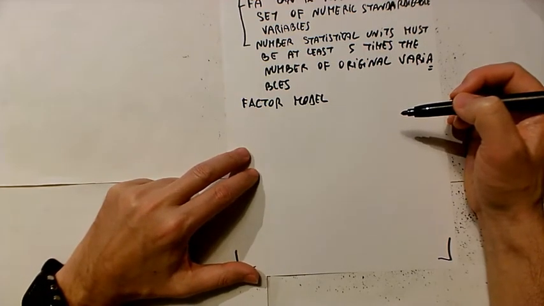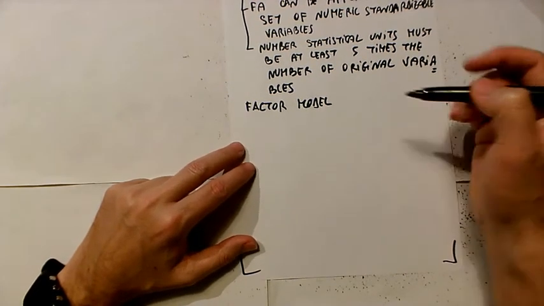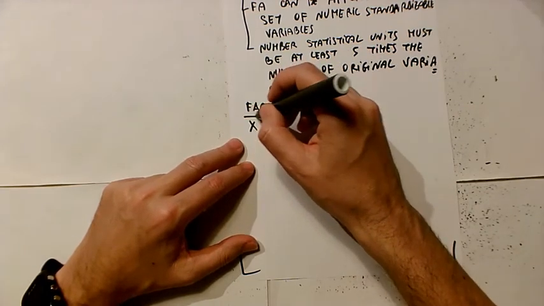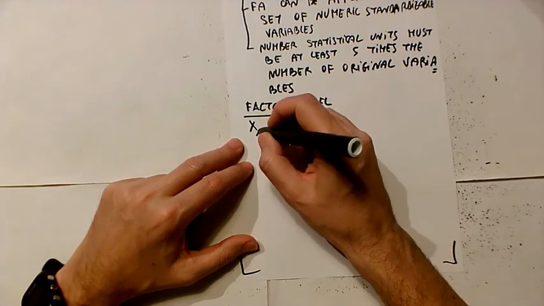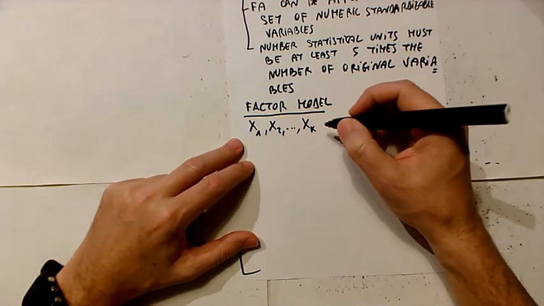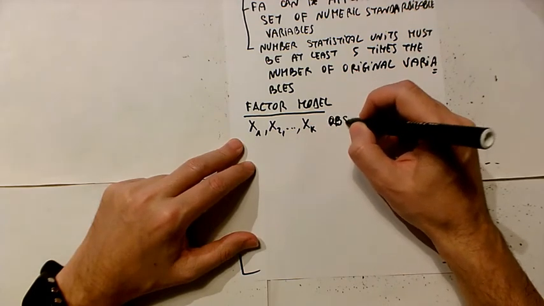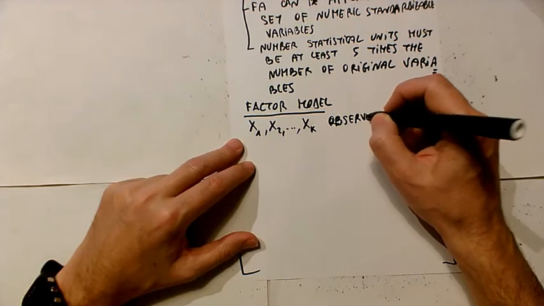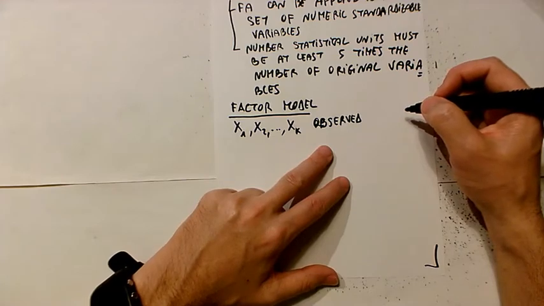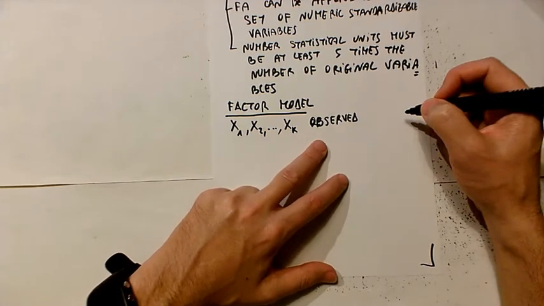So let's consider that we have k observed response variables x1, x2, xk. So this is the factor model. x1, x2, xk are the observed original numeric variables, observed response variables. I underline observed because I told you that the new variables are not observed because they are latent variables.